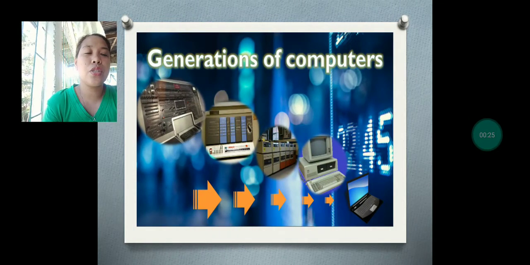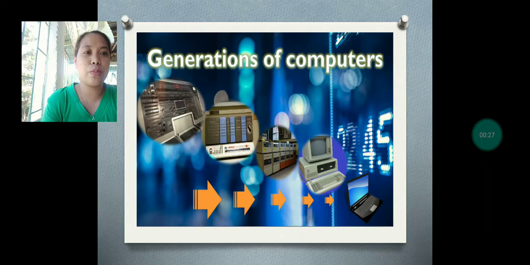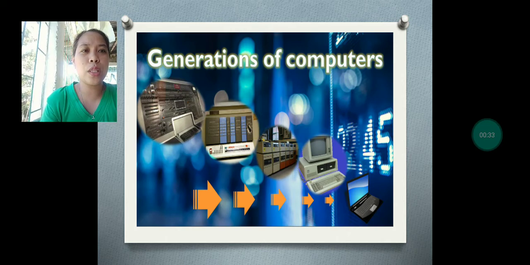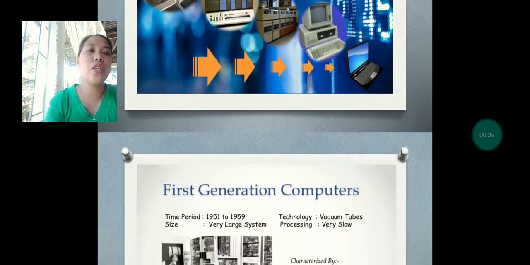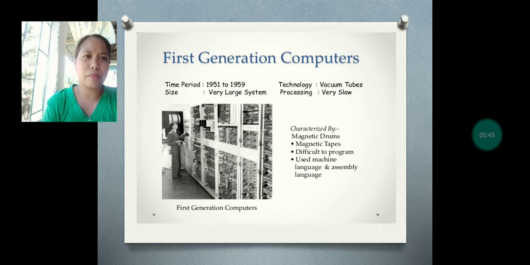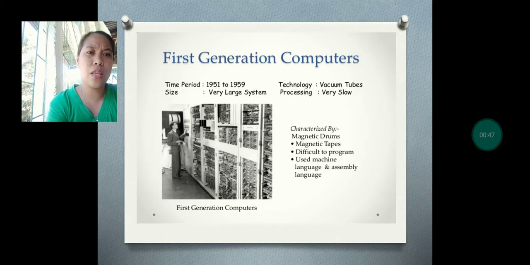So, generation of computers. Before we came up with the different high-tech computers nowadays, we will look back first at what those computers were in the different generations. So, the first generation computer. This is what first generation computers look like. But before that, what is generation?